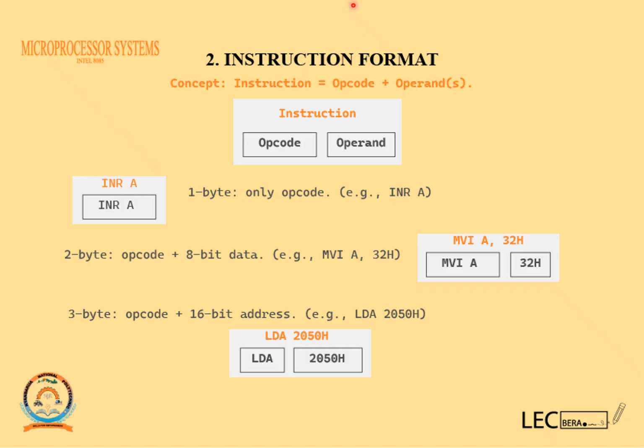The bigger the address, the more memory locations it is going to occupy. For example, we have a very big memory address here, 2050H, which we have to break into an upper byte and a lower byte. We are going to see this as we continue.